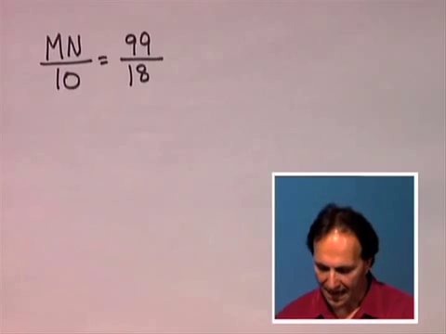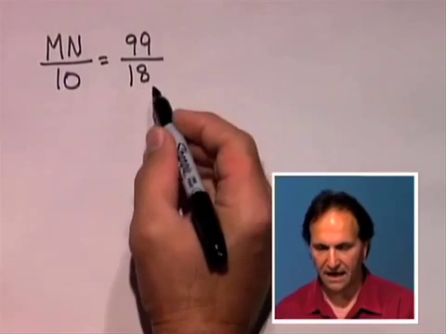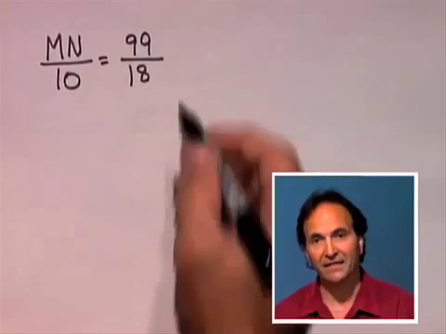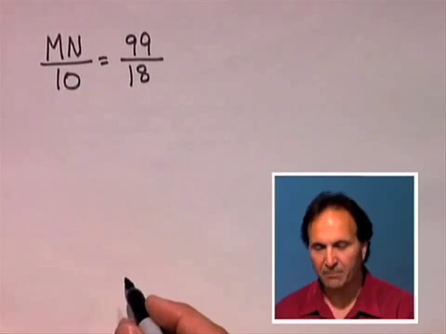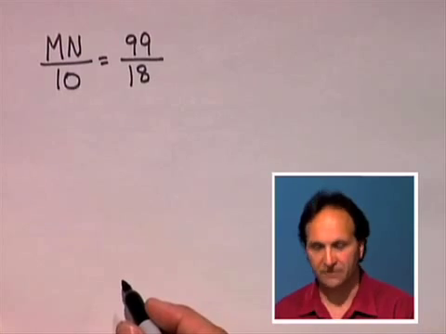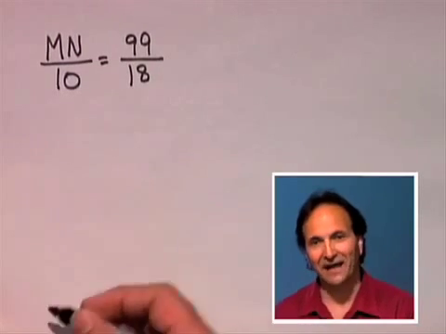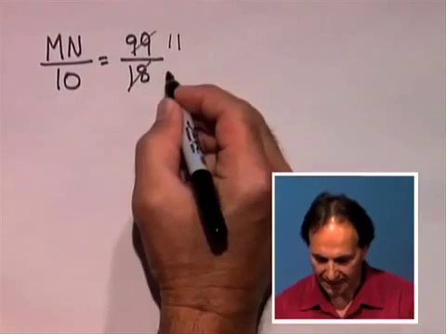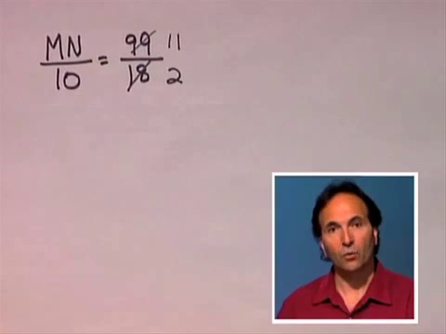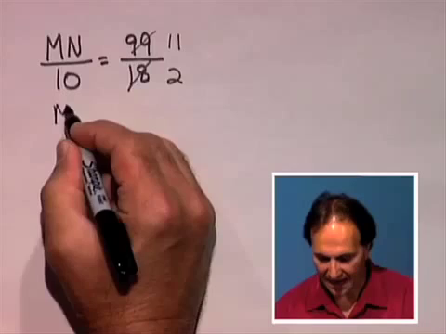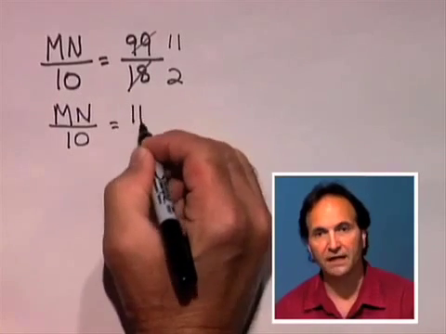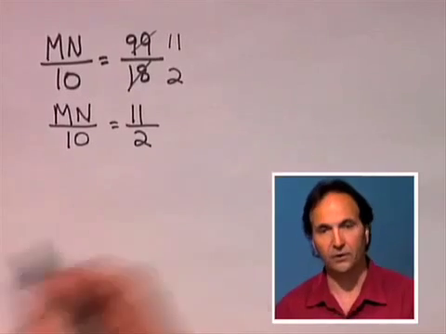We have MN over 10 equals 99 over 18. One thing we can do is to simplify the 99 over 18 because 9 divides into each of them, giving us 11 here and 2 here. So what our proportion becomes is MN over 10 equals 11 over 2.